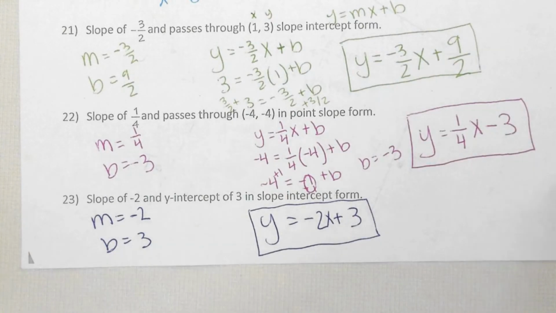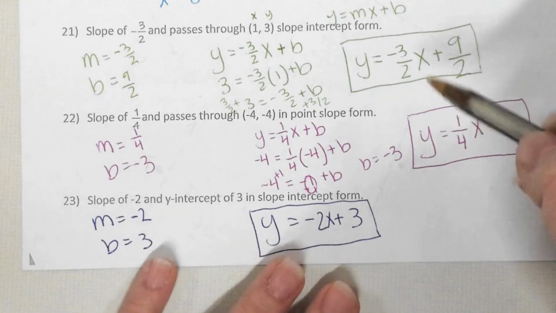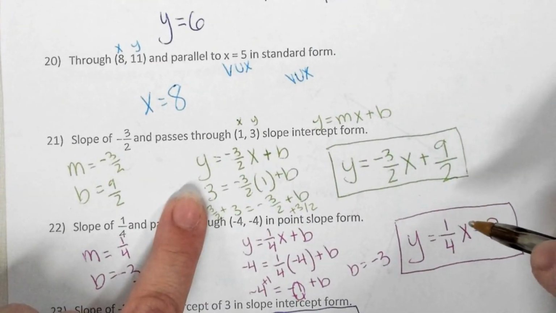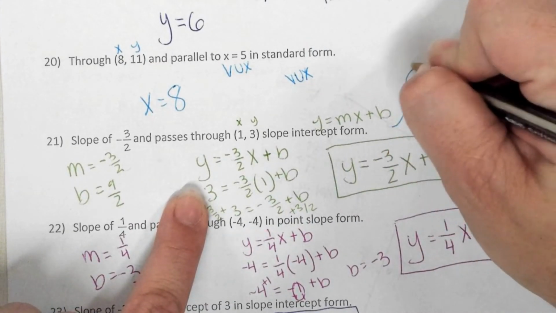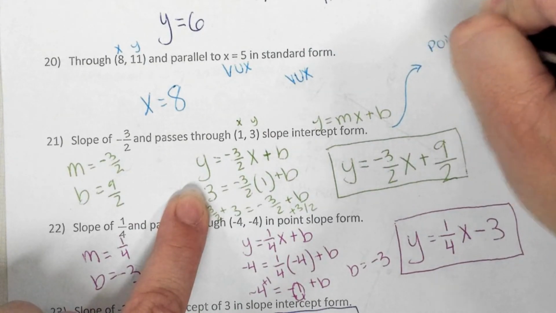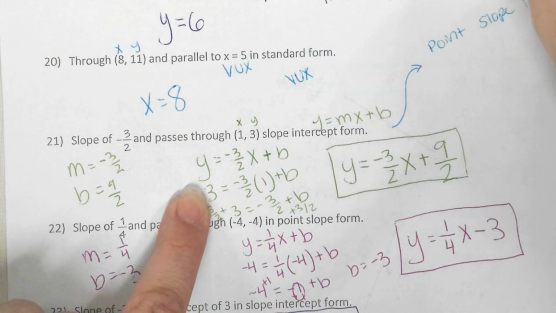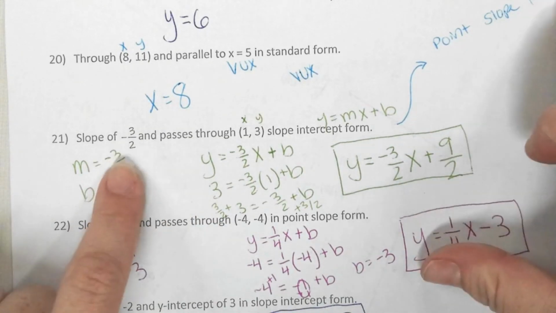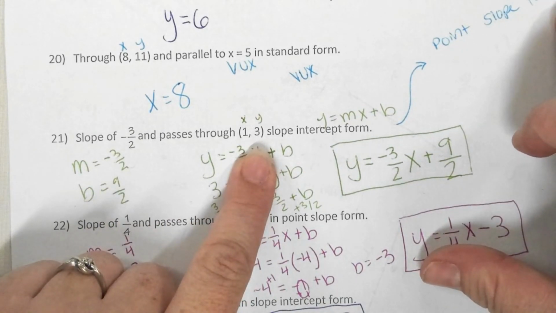Now, one thing I do want to remind you before I finish, because there may or may not be one point where it says to put it in point slope form, and I don't have this on here. So if I told you to put number 21 in point slope form, remember, these are easy because all you need is a point and a slope. This gave me the slope, it also gave me a point, so does it matter?